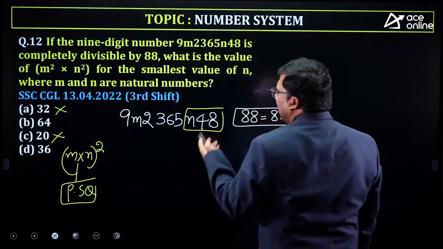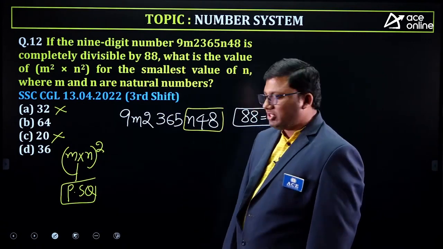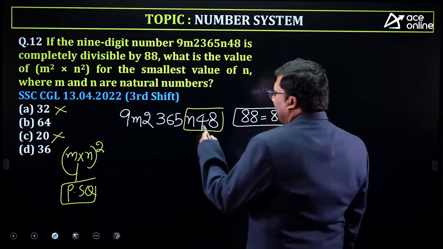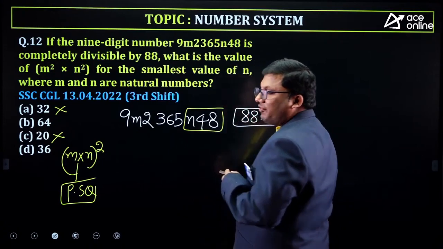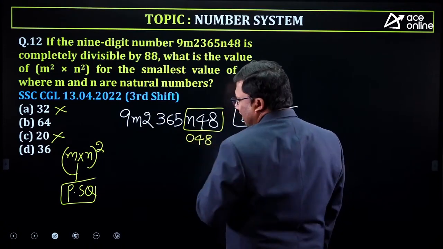What is the divisibility rule of 8? Last 3 digits should be divisible by 8. 48 is divisible. So if I keep n value 0, it will be 048. Yes, it is divisible, 8 6s are 48.